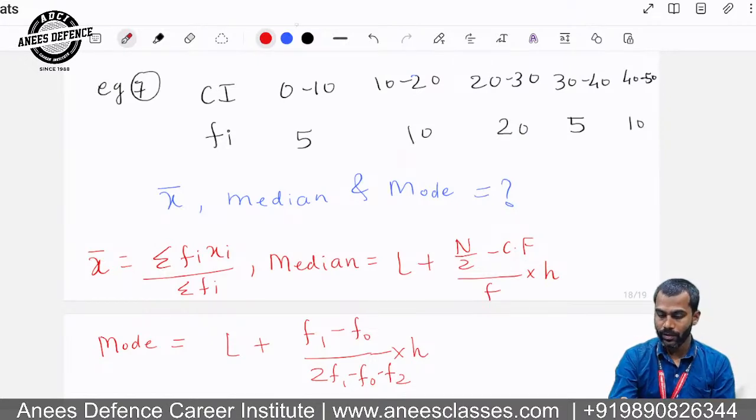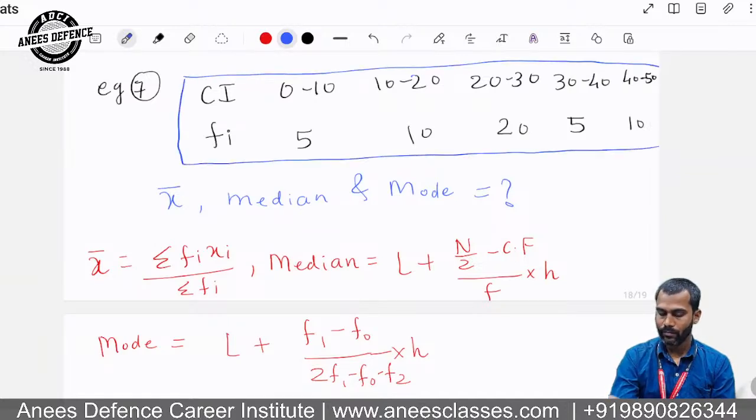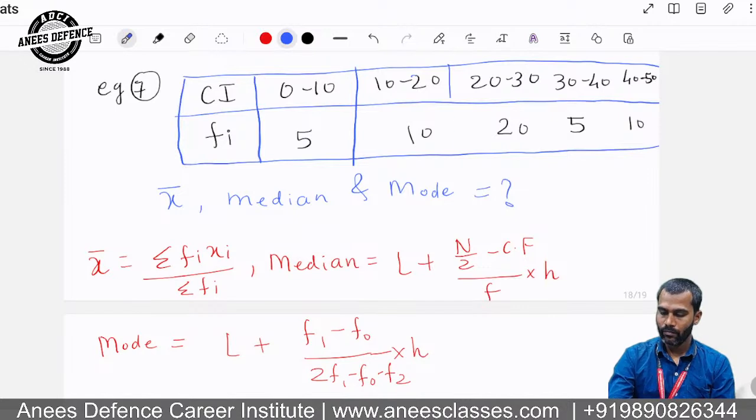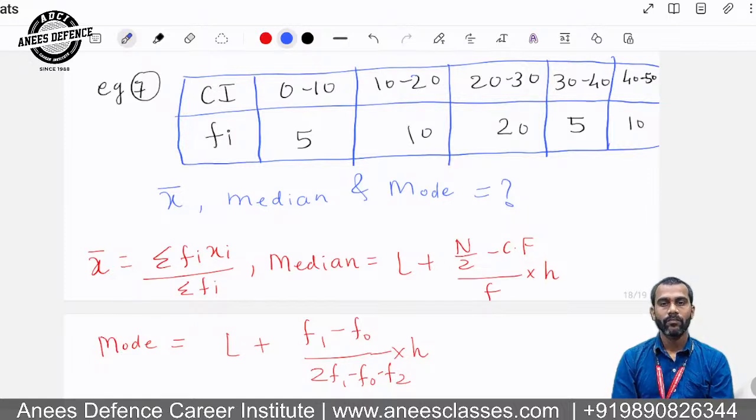Just try to solve. Very easy. All are 25. I mean, this is a symmetrical data.